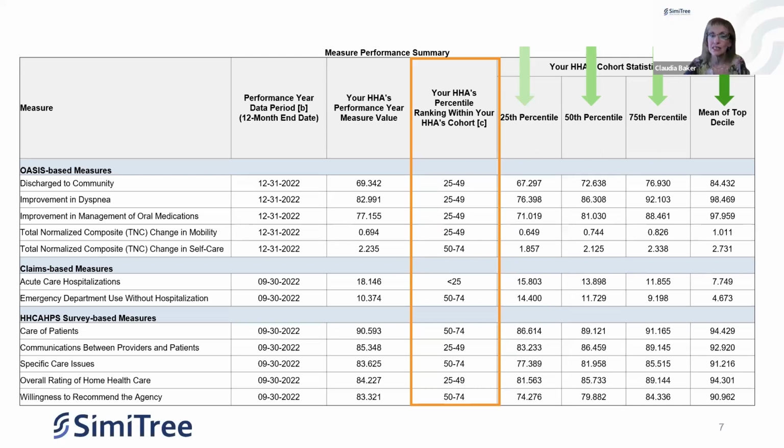And the mean of the top decile, meaning you're in the top 10% or the 90th percentile there.